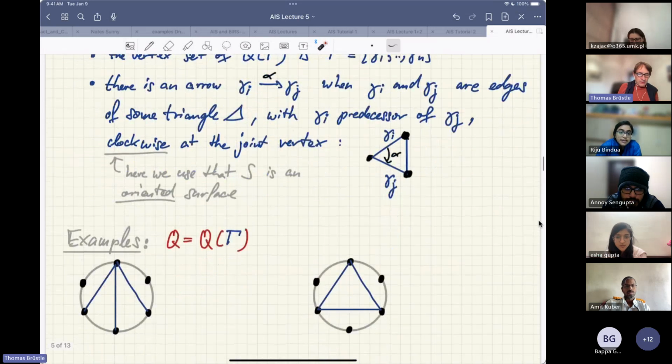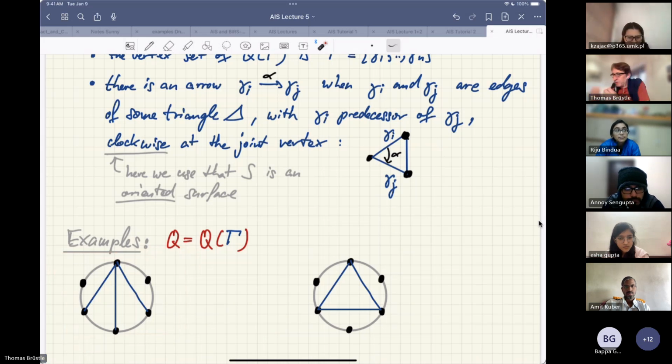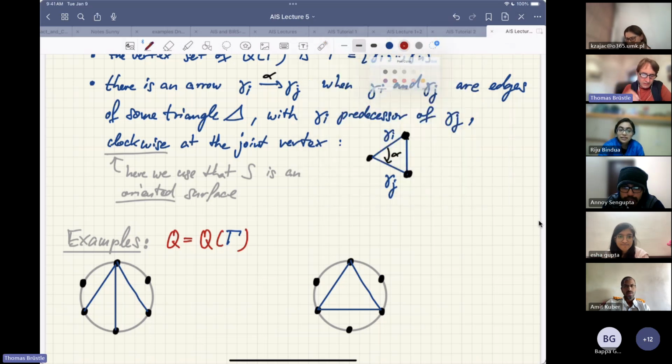Okay, let's start with the first example here. What is the shape of the quiver that I get? Can you tell me? You're too shy. Shall I do it for you?